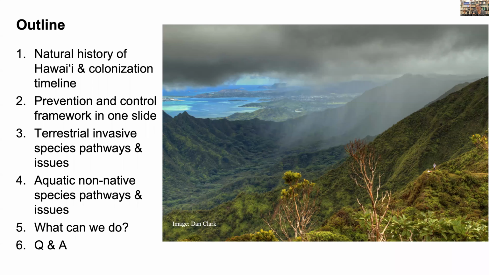All right, so a short little outline. We're going to talk about natural history of Hawaii and colonization. If you are an expert in this, feel free to mute yourself, or sorry, mute me. We'll talk about prevention and control, the framework, all in one slide. And we'll talk a little bit about terrestrial and aquatic pathways, but we're going to do this by talking about top 5.